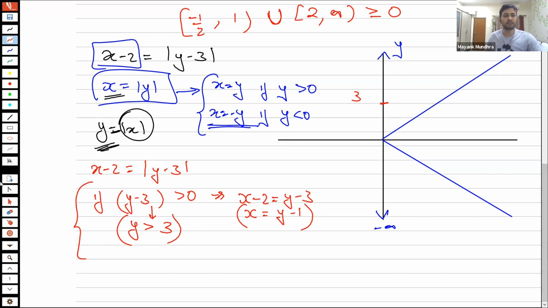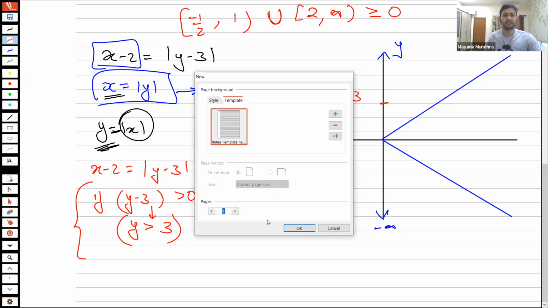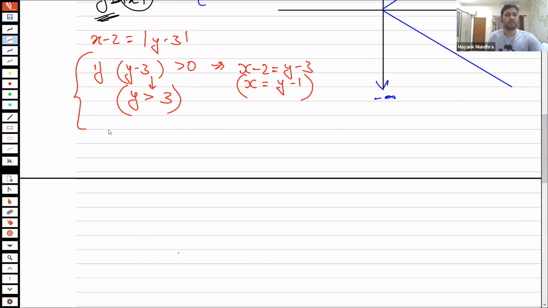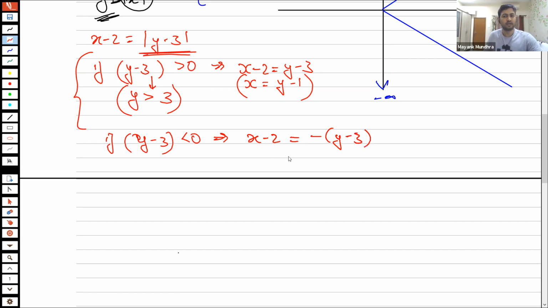The other part of this is going to be when y is less than 3. So the second part is if y minus 3 is less than 0. When y minus 3 is less than 0, the expression inside the mod becomes negative. So we get x minus 2 equals negative of y minus 3, which is basically 3 minus y.